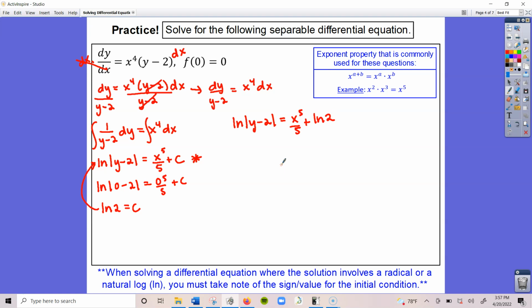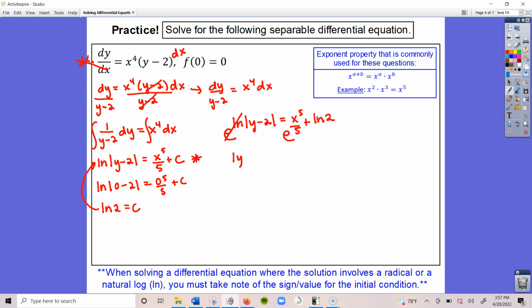Now, to isolate the y, we first need to get rid of ln. And how we get rid of ln is by applying e, because e and ln are inverse functions, meaning that they will cancel each other out. If we apply e to both sides, what that means is that we are making e the base, and then this is going to be the exponent, which I would have to do the exact same thing to the other side. So now e and ln will cancel.